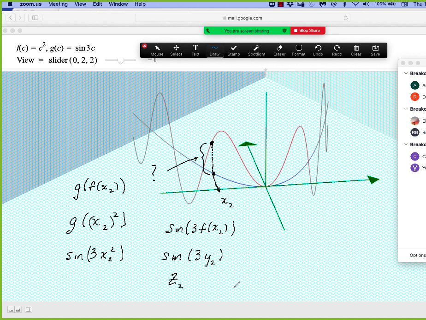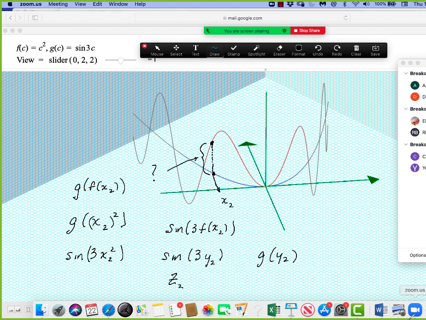I know of at least one more. Anyone see another one? We just put g of y sub 2. G of y2. How many we got? 7? Let's see here. 1, 2, 3, 4, 5, 6, 7.